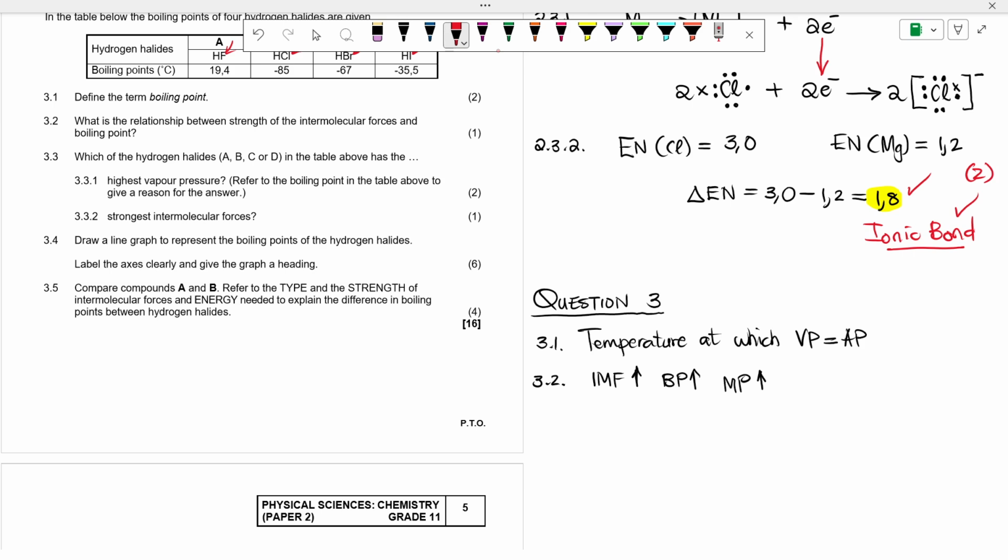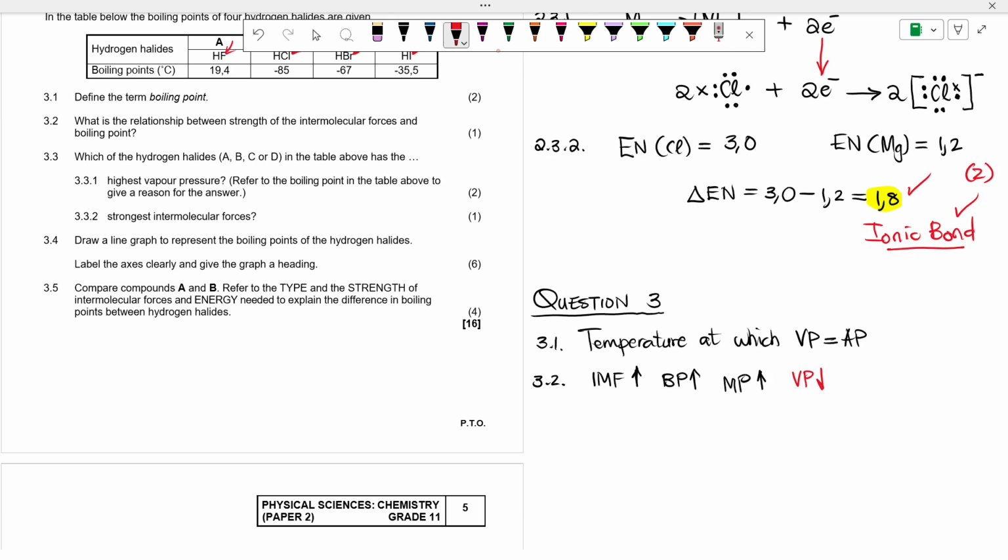If the intermolecular forces are strong, then I can boil water the whole day and I'm not going to see any vapor because the forces are strong. But if I have something that is weak, I'll just put it on fire and in like 2 minutes I now have vapor pressure. So strong intermolecular forces translate to low vapor pressure.